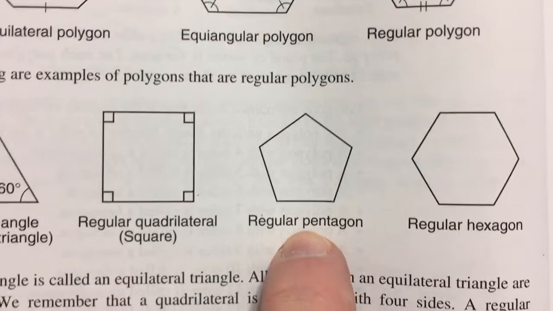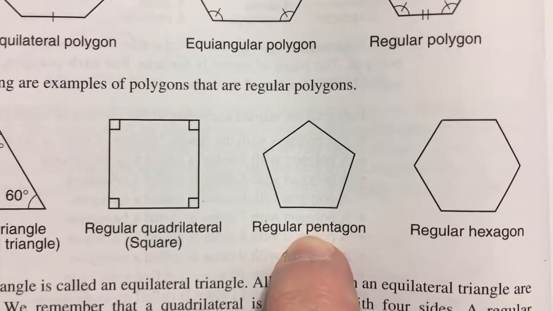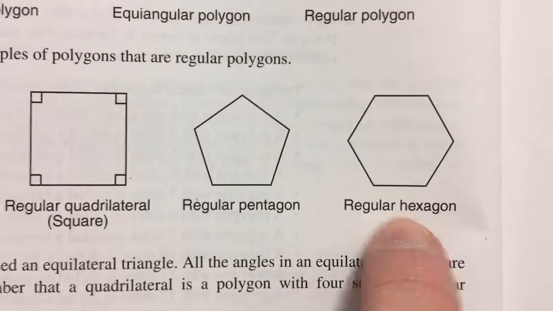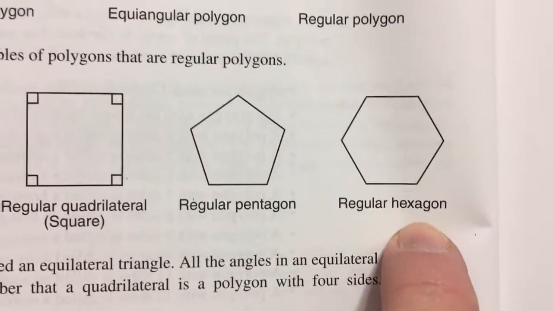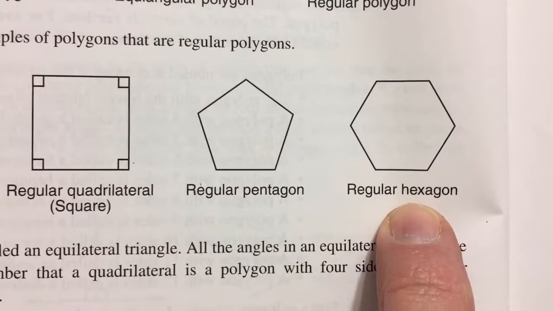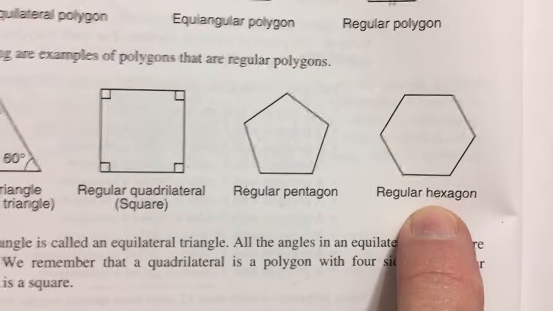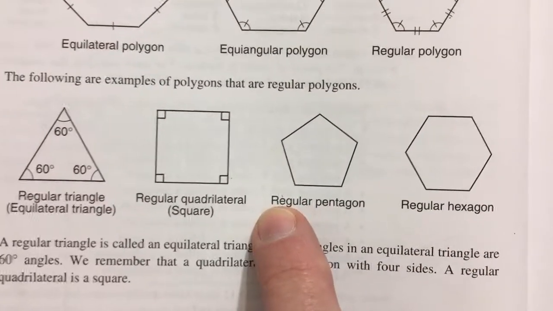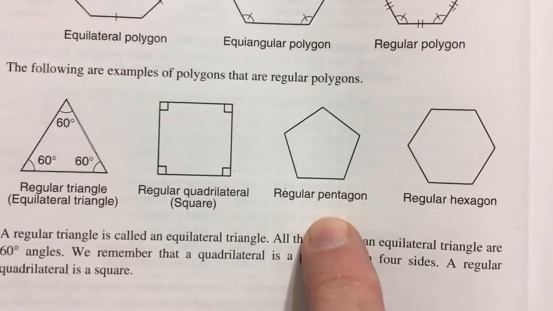A regular pentagon, we've got a building that's shaped like that, don't we, in our national building. And then a regular hexagon has 6 sides, and all the angles and the sides are equal. So if they call it regular, that means all of the angles and all of the sides are equal, even if they don't mark them.